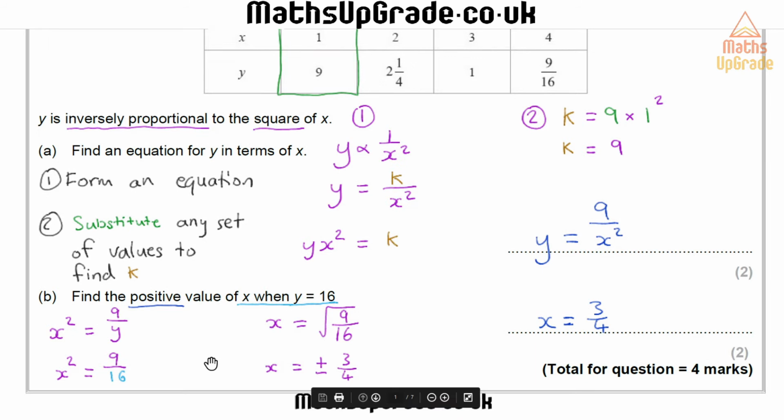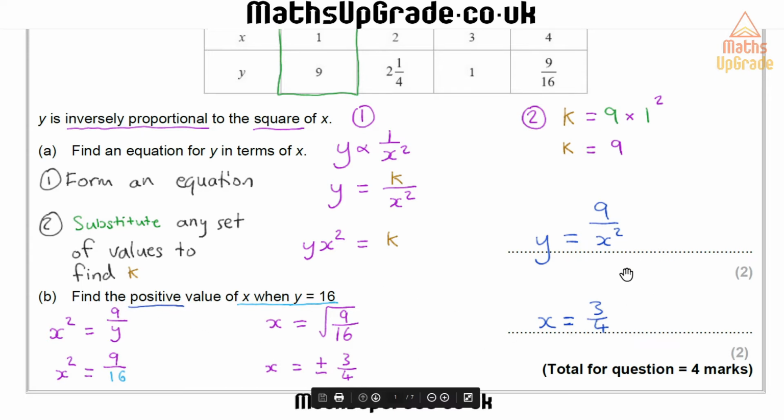If I substitute y as being 16 into this equation here, x squared is 9 over 16. So if I square root 9 over 16, if I square root the top, I'll get 3. If I square root the bottom, I'll get 4. So that's 3/4. Now when I square root something, the answer can be positive or negative. So my answer is 3/4, since I'm only asked for the positive value of x.